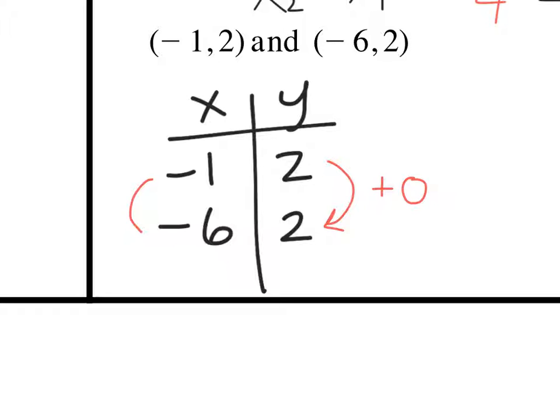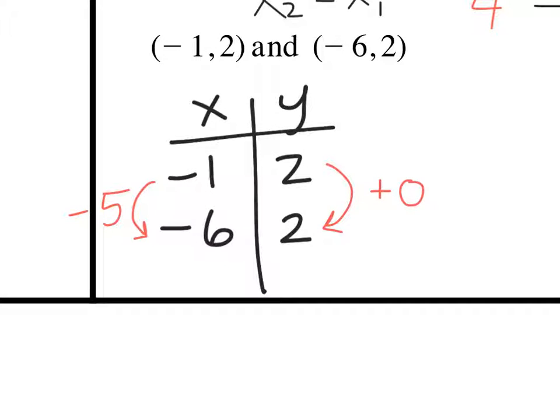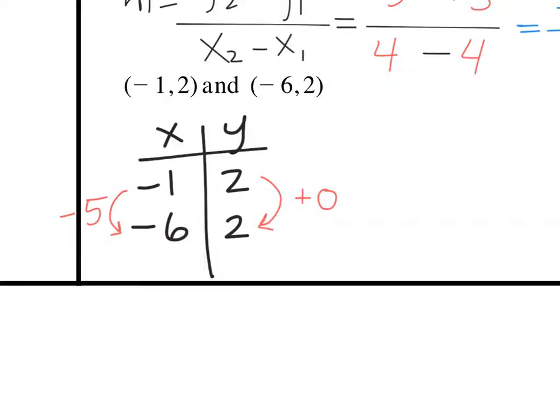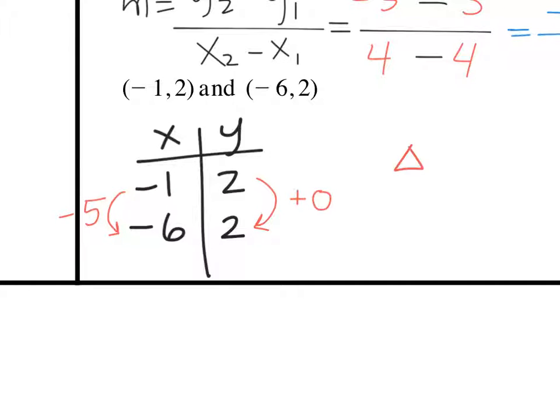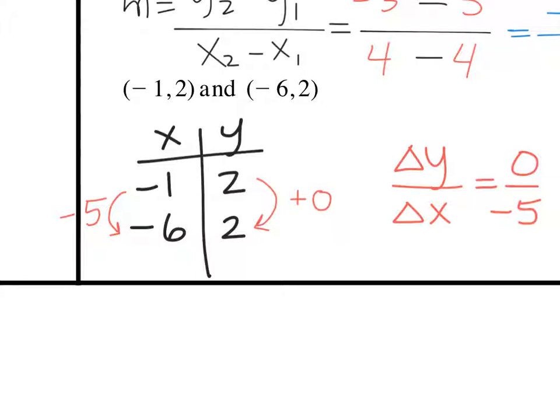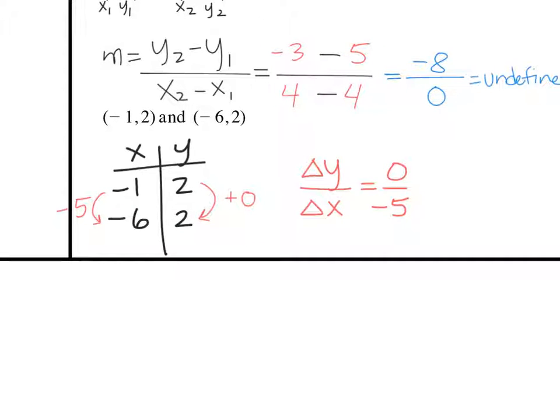And from -1 to -6, it goes -5. So this is the same thing as we did yesterday. So then you write it as change in y over change in x. And that would be 0 divided by -5, which is 0. It is okay to do 0 divided by a number. You get 0.